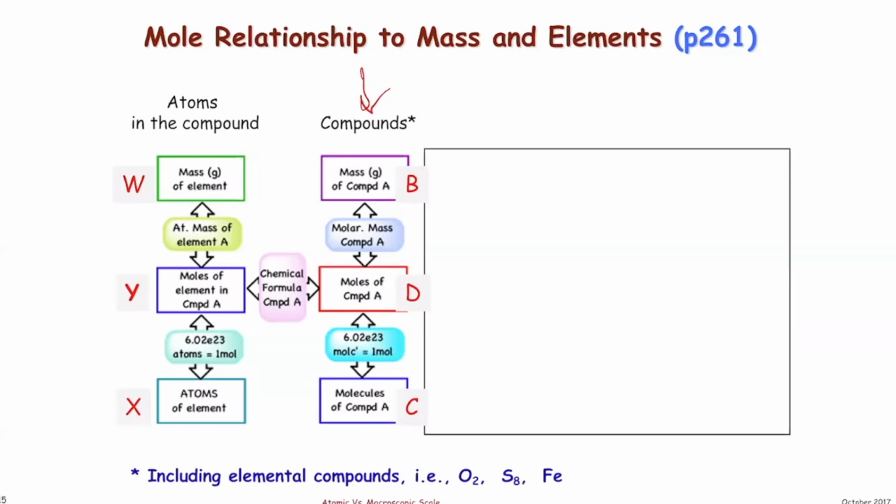If you have an atom, look down here. Then if the problem gives you the mass, you start with B. If the problem asks you to calculate the moles, then you go from B to D, but you need the molar mass as the conversion factor. That's your conversion factor in this particular case, okay?